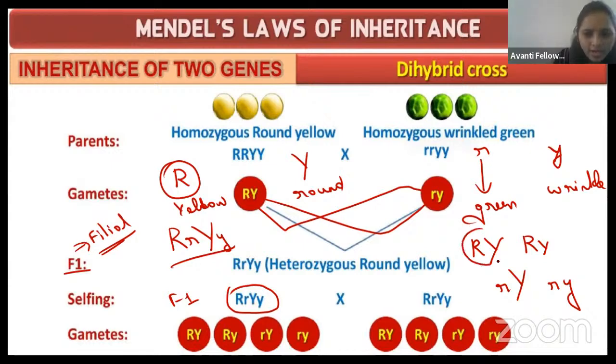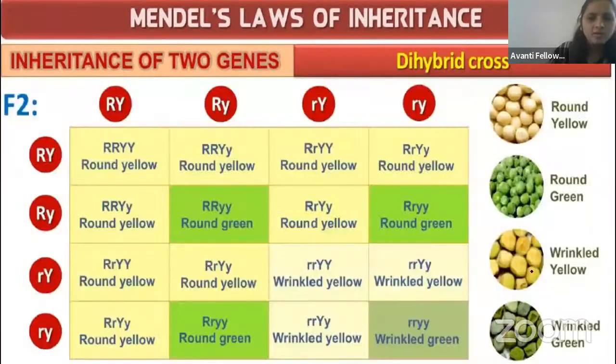So now we have got the 4 gametes, right, guys? We have to do the crossing now. So like this you have to take, here also and here also, male and female.